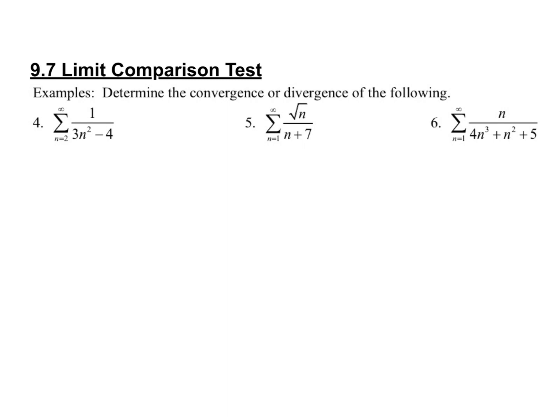All right, so here's 3 more. Right, so these are kind of ugly looking. They're starting to get ugly looking. Now notice here on number 4, the n value starts at 2. Why is that important? Why did they start at 2 instead of 1?